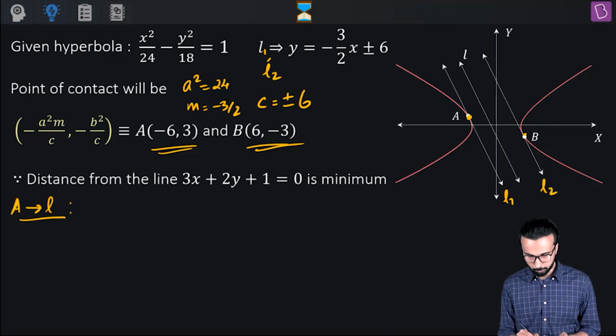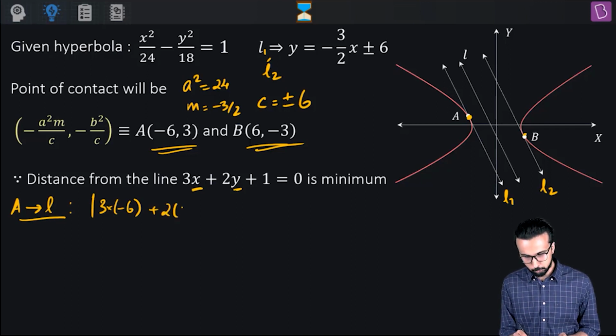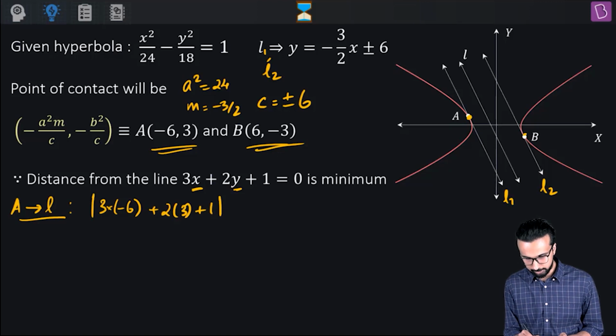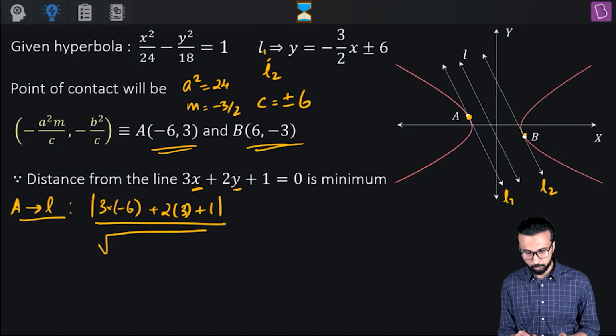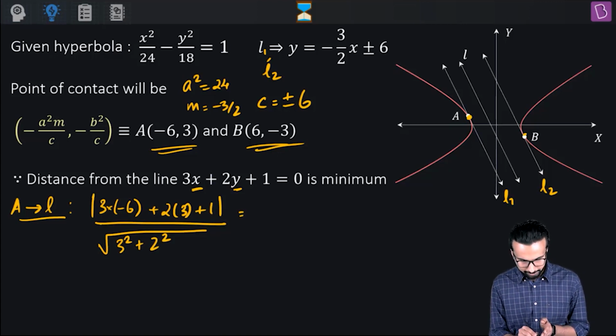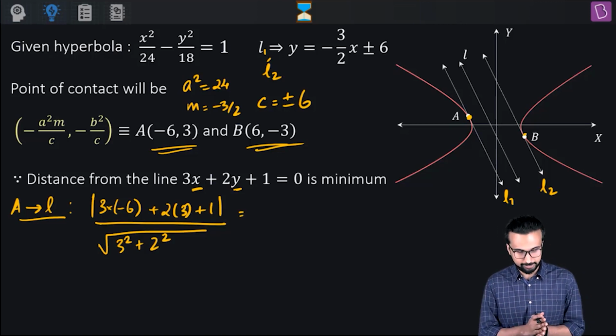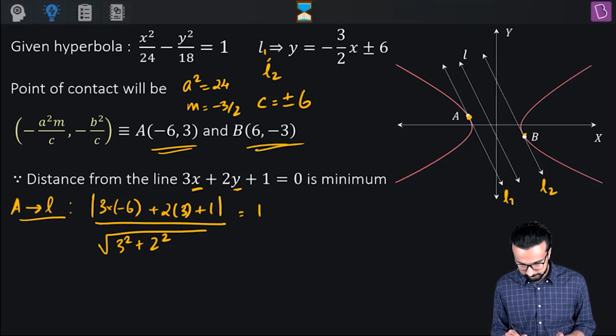The distance would be given by mod of 3 into minus 6, so instead of x and y, I substitute that here. 3 into minus 6 plus 2 into 3 plus 1 divided by root of 3 square plus 2 square. This comes out to minus 18 plus 6 plus 1, minus 18 plus 7, which becomes 11 by root 13.